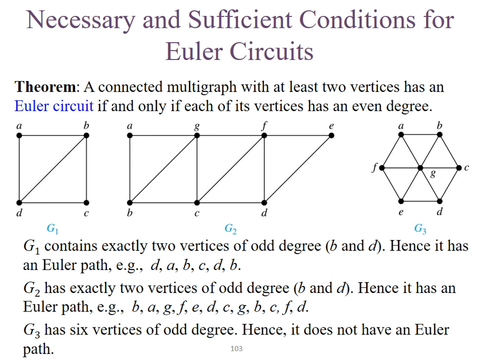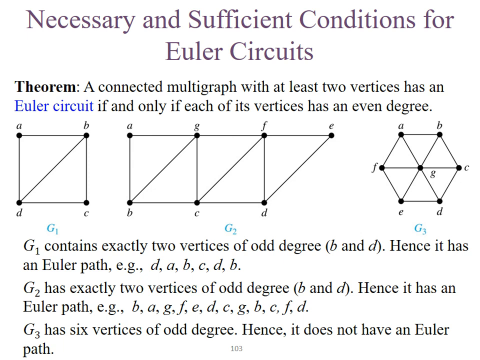Because you can see for this theorem we have a multigraph, so maybe we have more than one edge connecting these 2 vertices. So it tells us if each vertex has an even degree, then we can discover the Euler circuit. It's a necessary and sufficient condition.